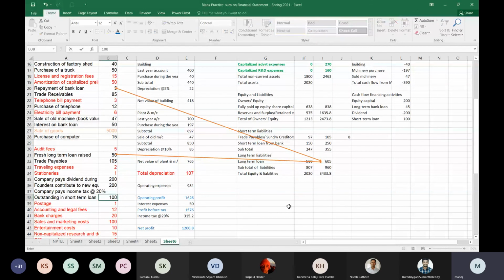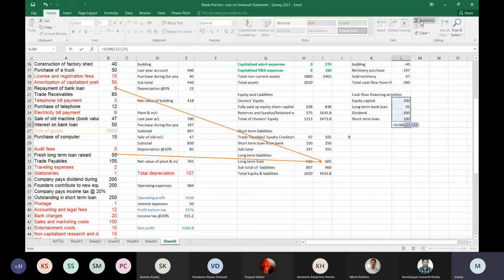Suppose this is 100. Then what happens? It becomes negative automatically because last year the loan was 150. This year it is 100. That means you have paid back to the bank 50 rupees. So that 50 rupees should be negatively shown. For the time being, I'm not showing that. So it is 100 because loan has gone up.